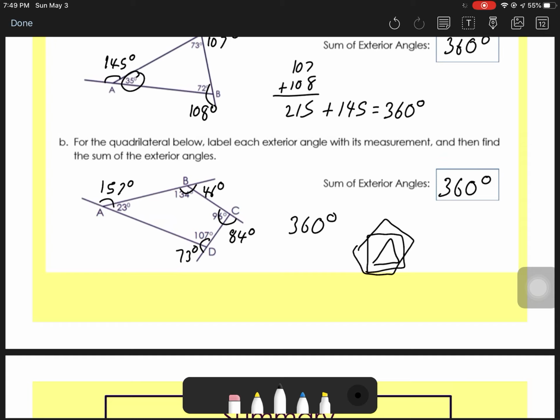We keep getting more and more sides, but eventually, it's called a limit problem. We just keep getting an infinite number of sides until our shape starts to look more and more like a circle. And we all know that a circle is 360 degrees. It's kind of a cool concept. I wish I could talk about it in person, but it is what it is.